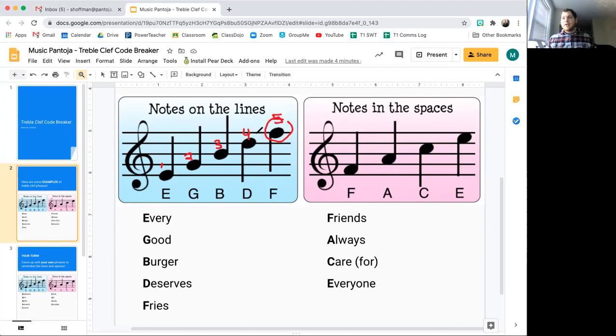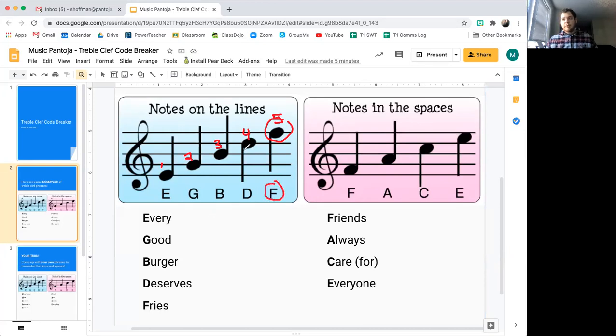I know that's the fifth line note up, right? And I need to remember what the note's name is. Now, I could look at this picture, but I won't always have that in front of me. So if I remember, every good burger deserves fries, fries is the fifth word. Fries starts with F, so that note must be F.